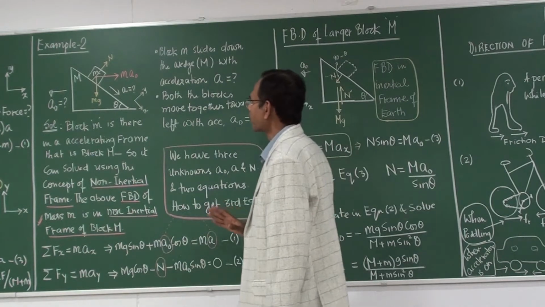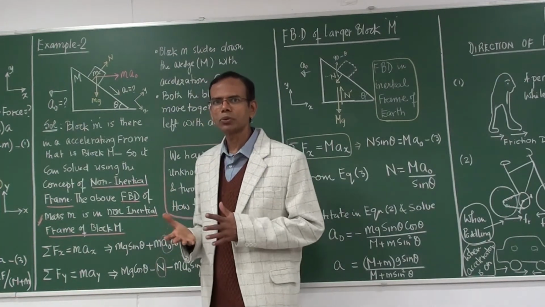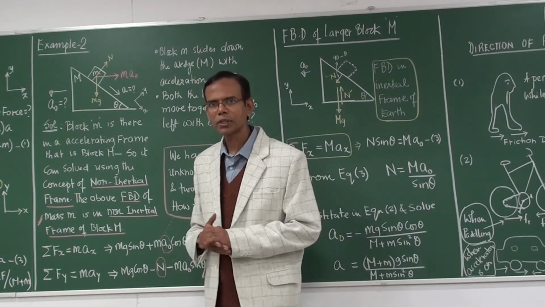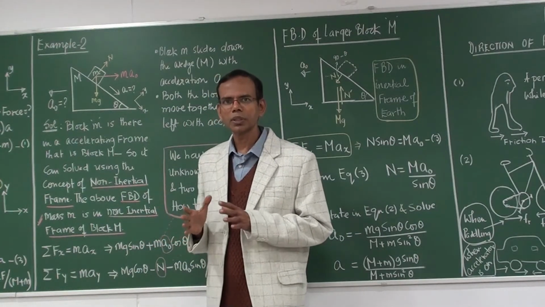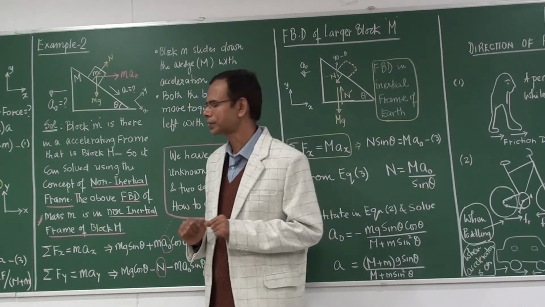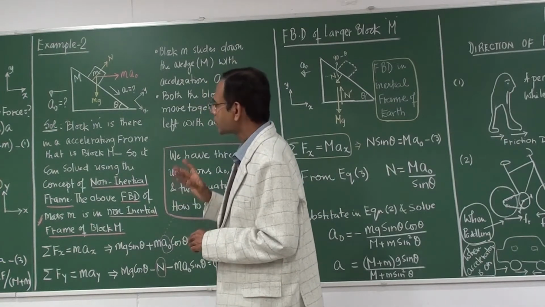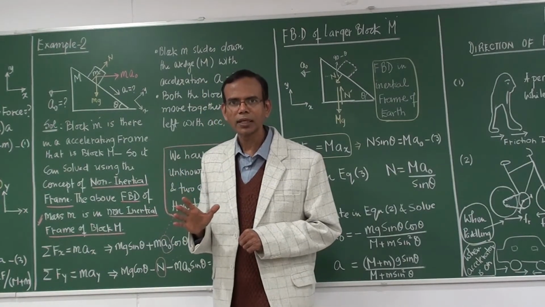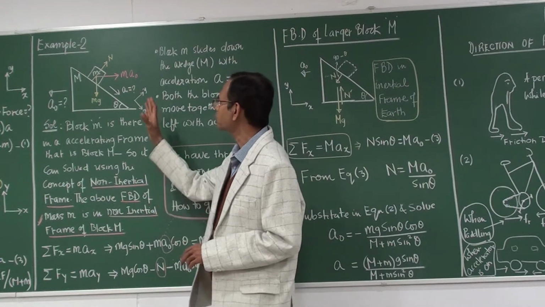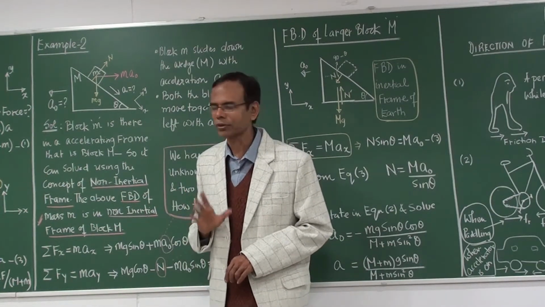So how to do it? Now you can solve it using your inertial frame of reference, or you can solve it using a non-inertial frame of reference. Sometimes it is easier and more convenient. So we have chosen a non-inertial frame of reference.